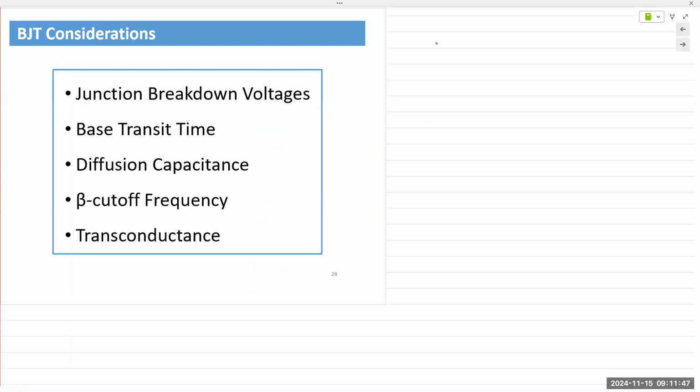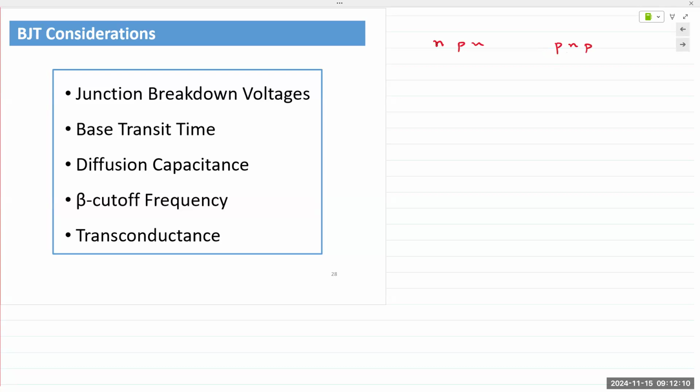In a BJT, we have two back-to-back PN junction diodes, whether it's NPN or PNP transistors, right? So if we reverse bias these junctions, they will break down similar to any other PN junction diode.